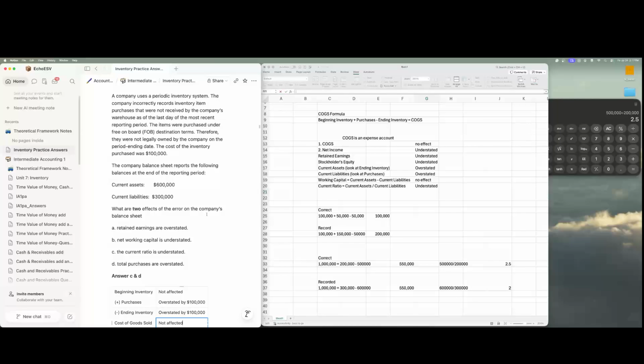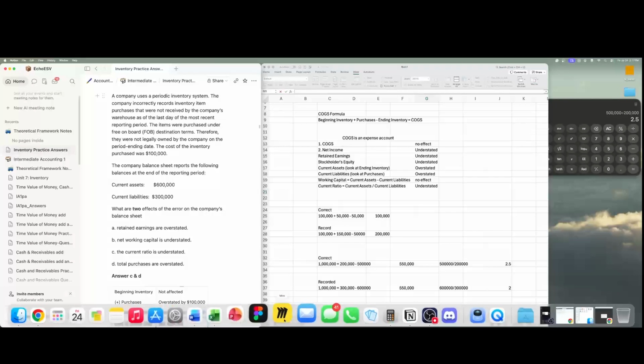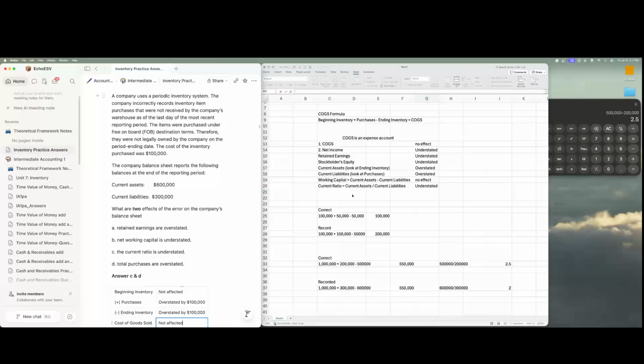So it's actually not even there. So the purchases is overstated, and not only that, but sometimes later on they do a count of the ending inventory, and they realize that ending inventory is incorrect, so they fix the ending inventory. But in this case, they have not done that.